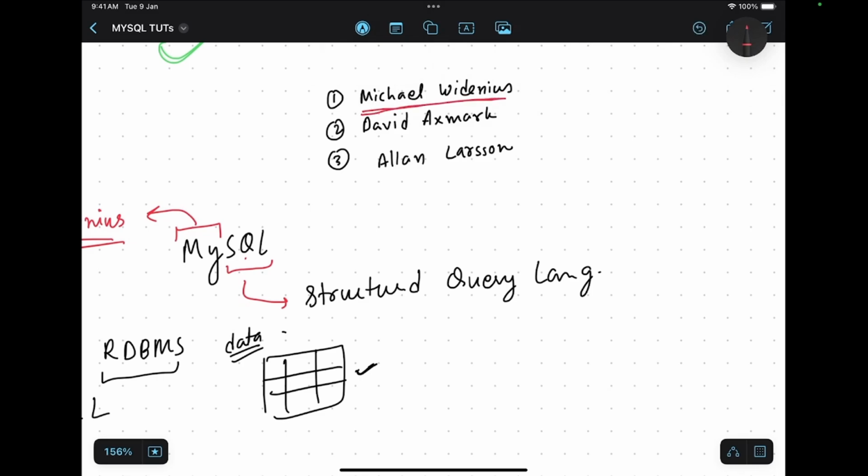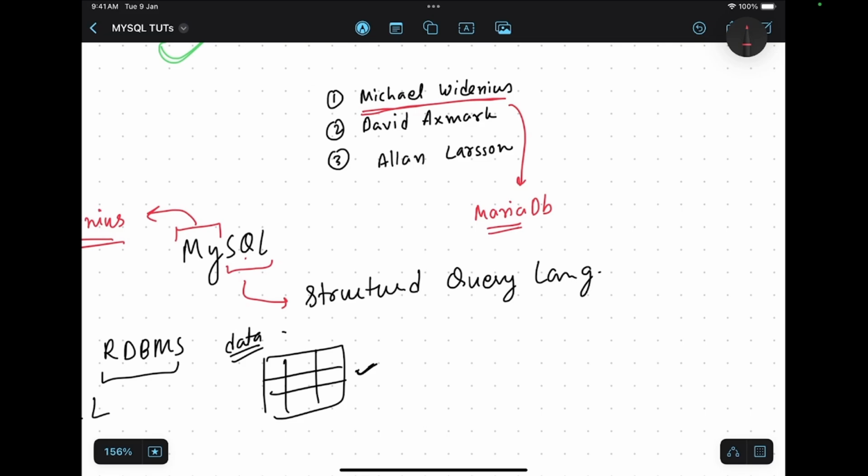All three developed it, but the name was based on his daughter. It's very interesting that later he created a fork of MySQL. I think it was MariaDB, and Maria is also the name of one of his daughters.